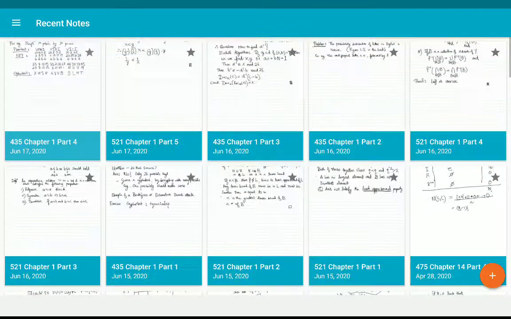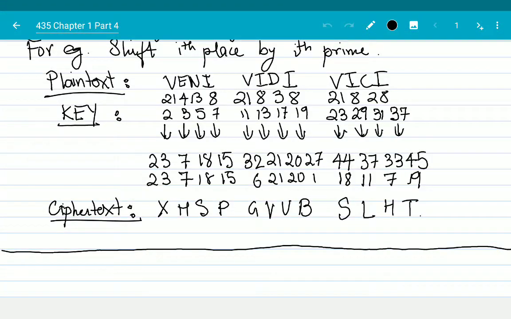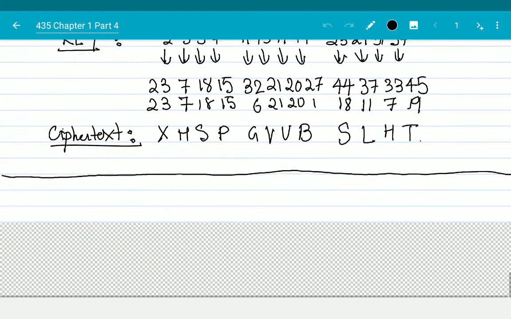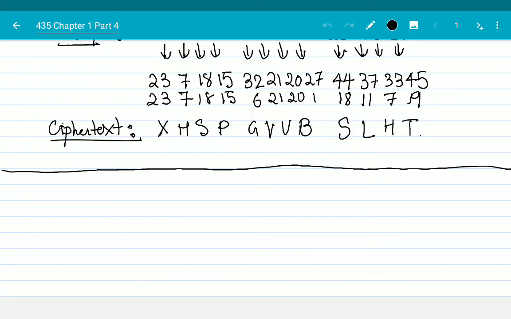And we saw an affine cipher, which was a shift cipher, but with an ax part. So this is going to be similar. This is called the Hill cipher.